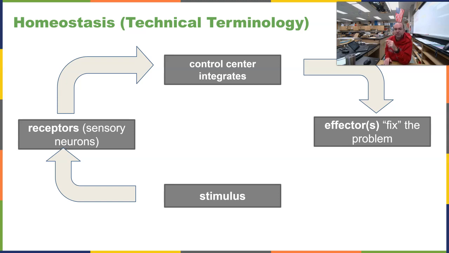You don't necessarily just have one effector per issue. For example, for body temperature, when your body temperature rises or it drops, there are a couple of effectors that all kick in to bring your body temperature back down or back up. Okay, so this is the way the basic loop works, with some of the technical terminology.